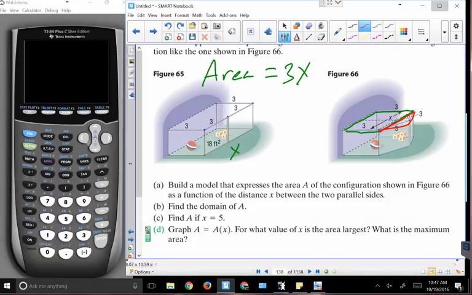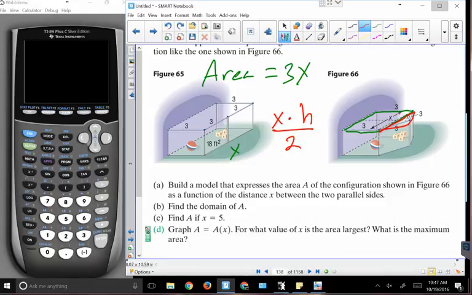Well, how do we find the area of a triangle? Base times height divided by 2, correct. That's for every triangle. So we get our base, which happens to be x, multiplied by the height divided by 2, correct?